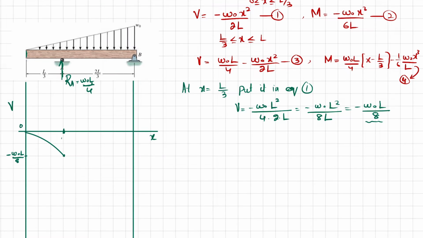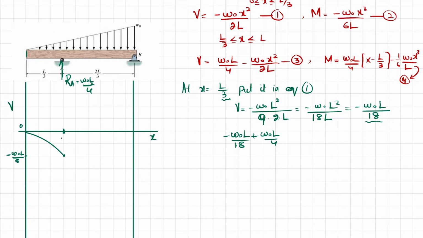So minus W naught L over 8 plus W naught L over 4 will give you, this is not 8, I think this is, let me check, this is 18, not 8. So this is not L by 2 here, this is L by 3, so this will be 9, so it will be 18.